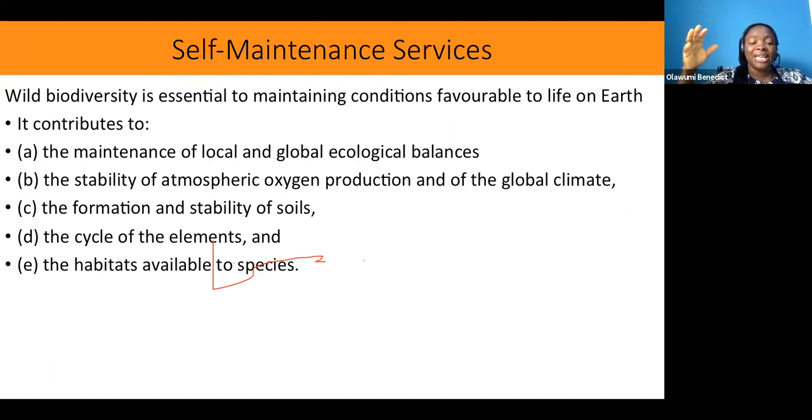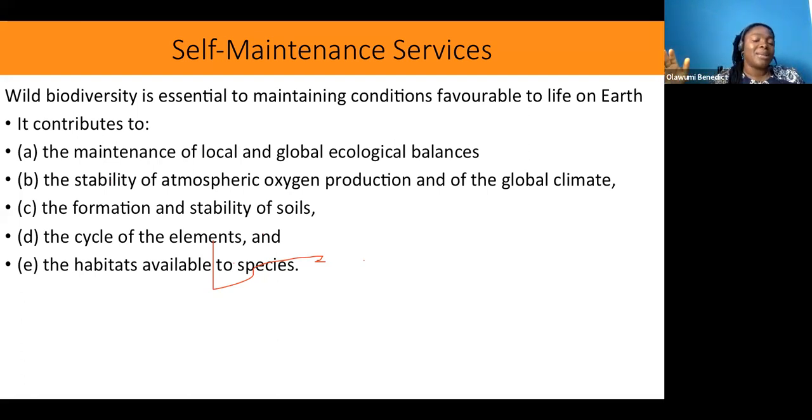That is why we are saying that in our ecosystem, we should create small patches, hedges, flower strips, grass strips, because this is where the wild organisms thrive, because they are found in the wild naturally. But when we create these patches in our farm, they come there and thrive there. They contribute to the maintenance of local and global ecological balances.